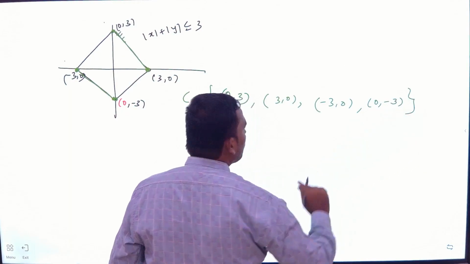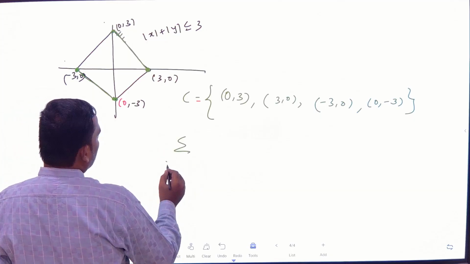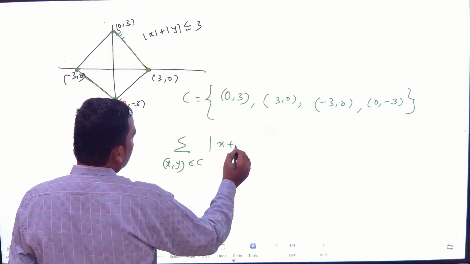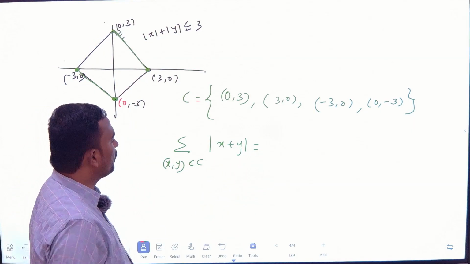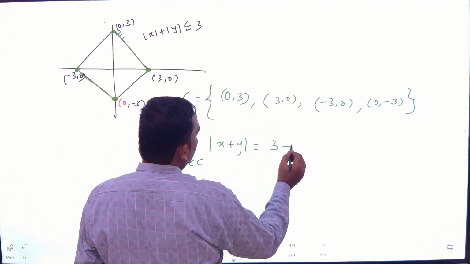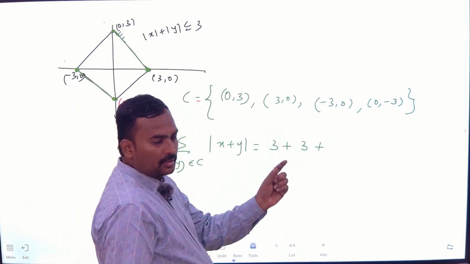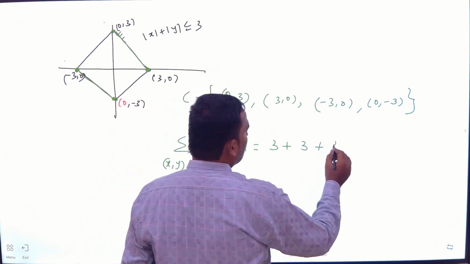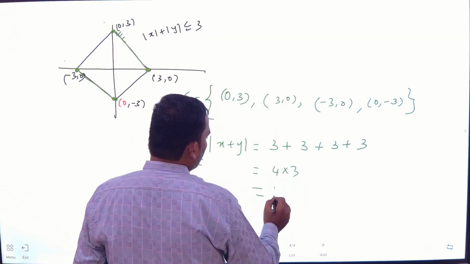These are the 4 points possible in C. But what we need to find out is, for x comma y belonging to C, the sum of all the mod x plus y values. If you calculate this, this is 3, this is also 3, this is mod minus 3, so minus 3 plus 0, mod minus 3 is plus 3, right. Here also 3. So 4 into 3 is 12, which is your answer.